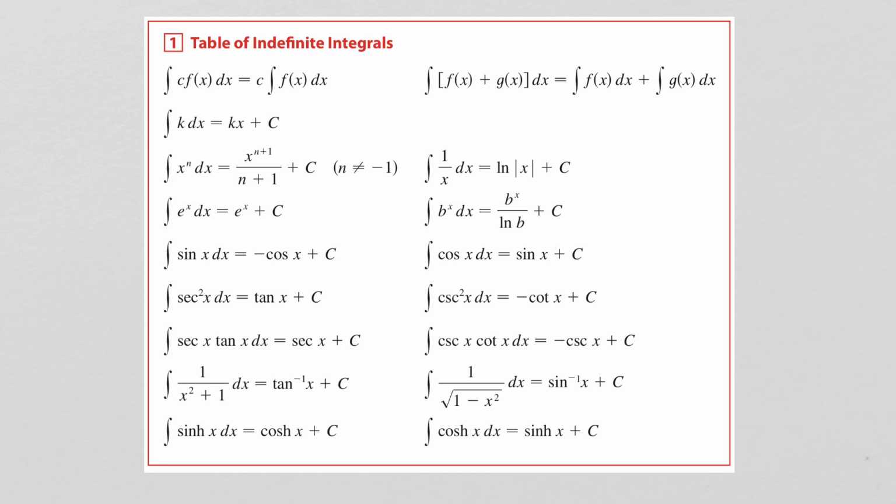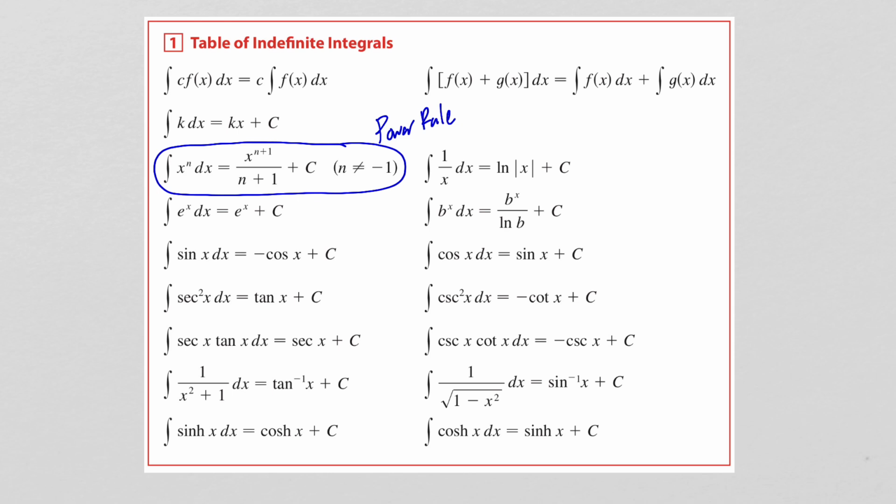And then we have our rules. By far the most commonly used antiderivative rule is the power rule here. And this just says the antiderivative of x to the n is equal to x to the n plus 1 divided by n plus 1.